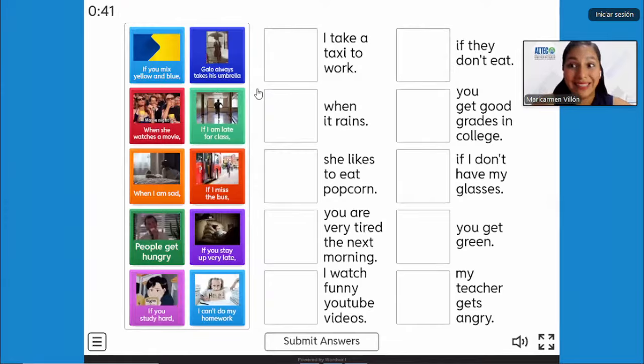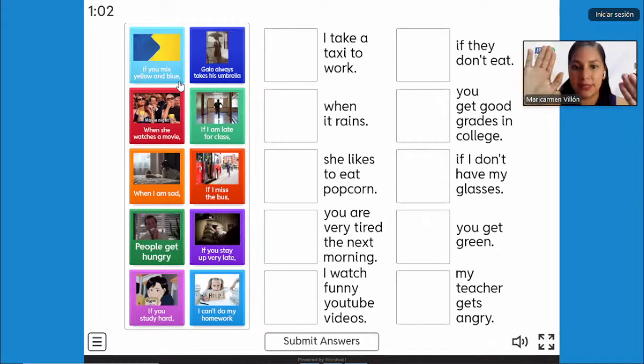Veamos este caso. Dice, if you mix yellow and blue, vamos viendo acá del otro lado, tenemos varias opciones. What do you think it is? O sea, eso es un hecho. Si usted mezcla amarillo y azul, hay un resultado que es científicamente comprobado.